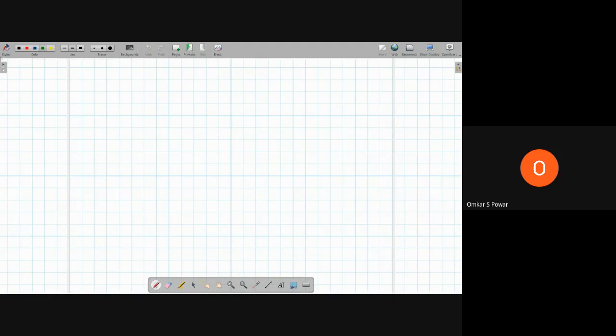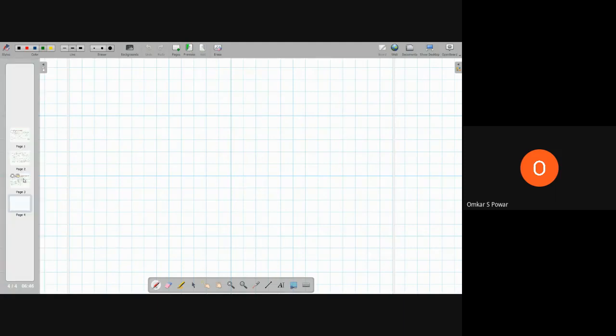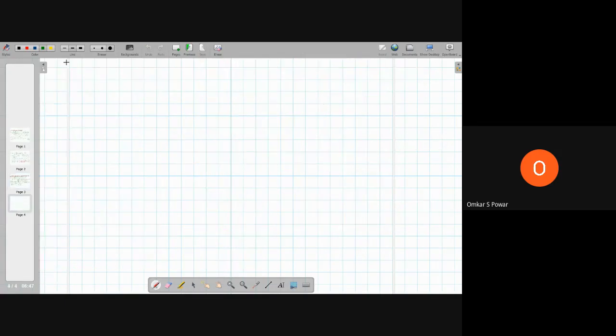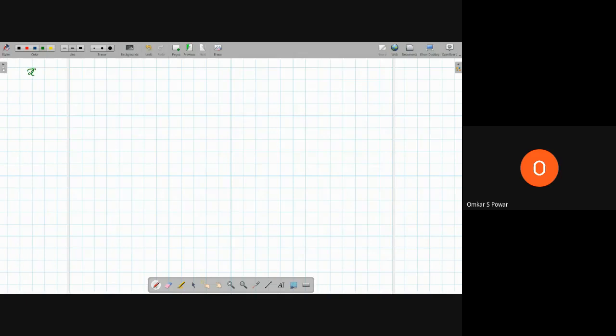So if you see here, the even component is given by half of modulo of n. Using this, we will find the power in the even component of the signal. What is the even component given? Half of modulo of n.